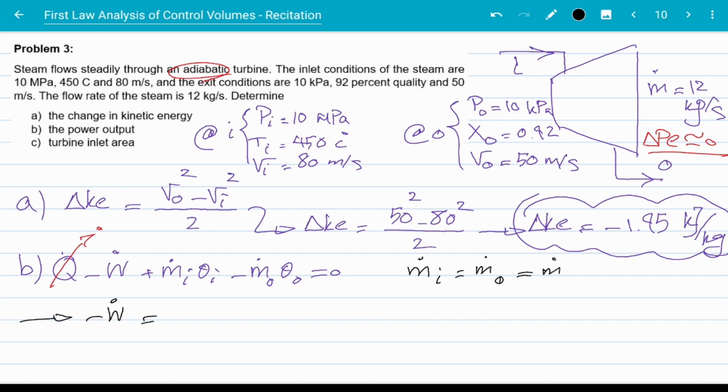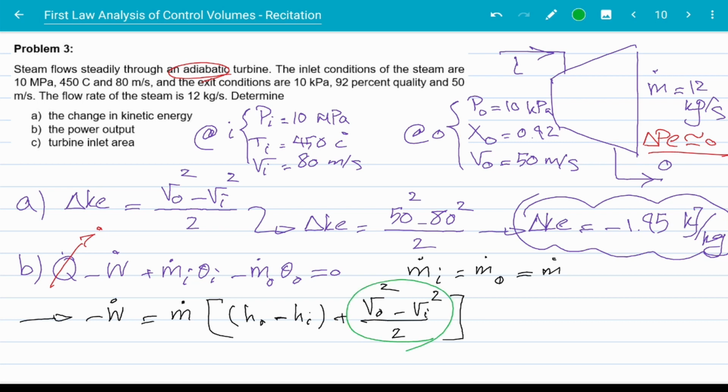So this will be mass flow rate times, again, enthalpy at the exit minus enthalpy at the entrance plus velocity exit squared minus velocity inlet squared over 2. I already know this term. This is the change of kinetic energy here. All I need to do is find the enthalpy at the outlet and the enthalpy at the inlet, and I should be good.